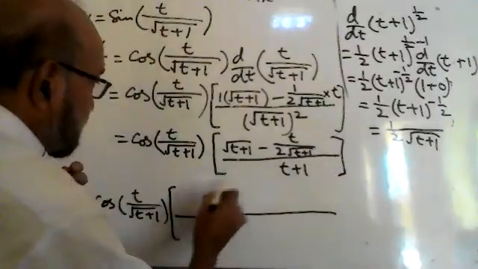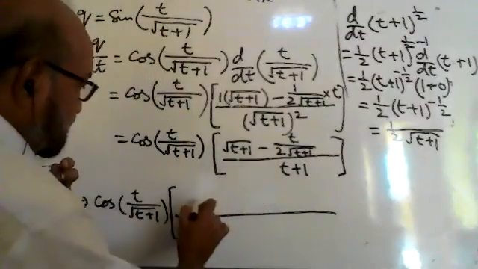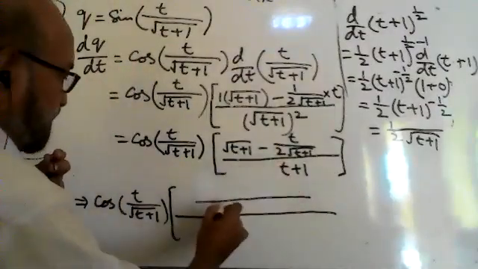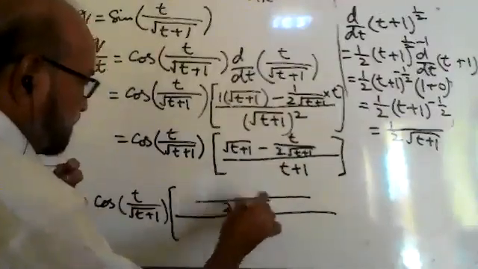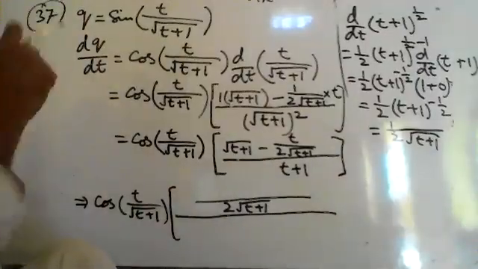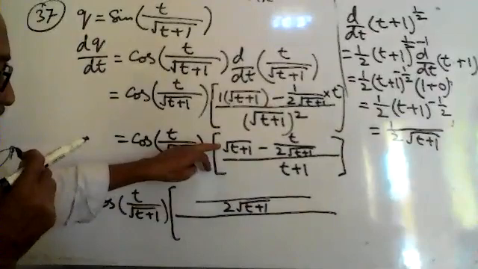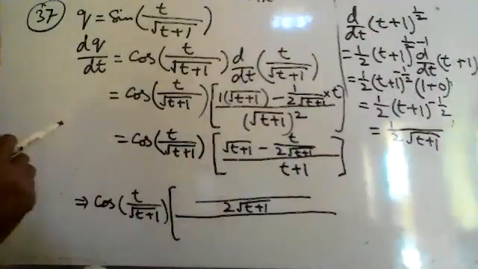This one, and we'll take the LCM of these two terms. This is also in the fraction. 2 under root t plus 1 is the LCM. When 2 under root t plus 1 is multiplied with this one, under root, this is also under root t plus 1, this is also under root t plus 1.